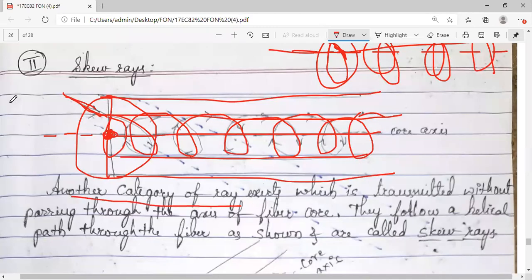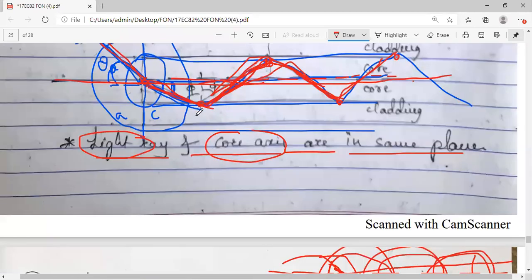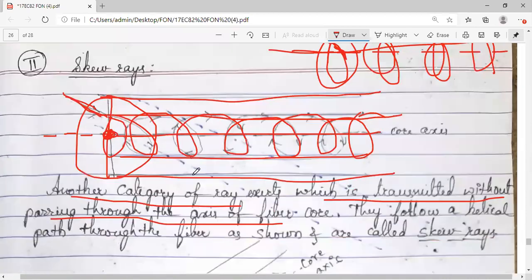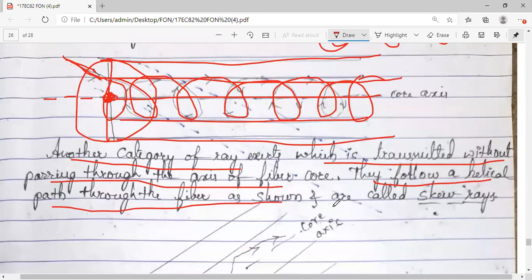Another category of ray exists which is transmitted without passing through the axis of the fiber. They don't cross the axis the way meridional rays do. Unlike that, they don't touch the axis. They follow a helical path through the fiber as shown. You can see it, and they are called skew rays.